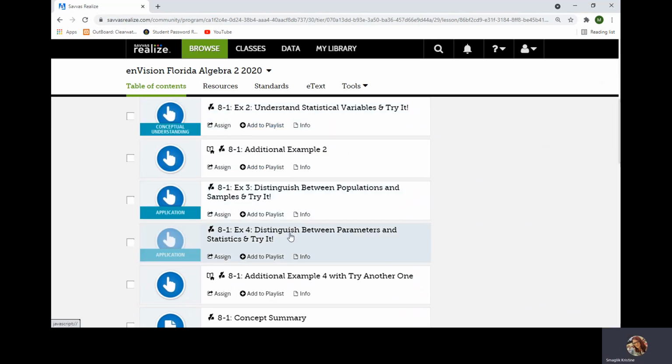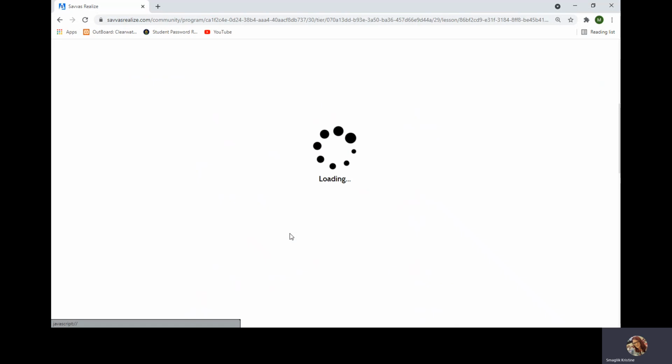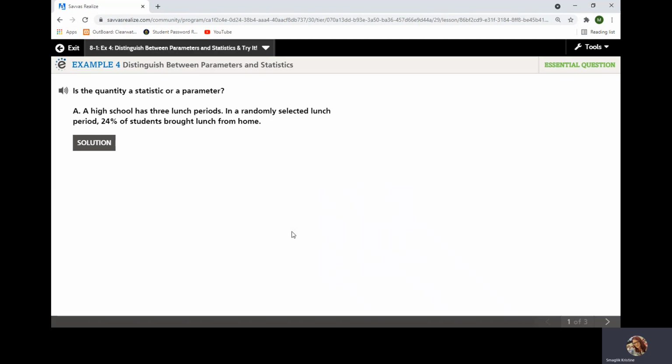And now let's take a look at example 4. We're going to distinguish between parameters and statistics. So parameters describe a population. A statistic is a measure that describes the sample of the population. So a high school has 3 lunch periods. In a randomly selected period, 24% of students brought lunch from home.